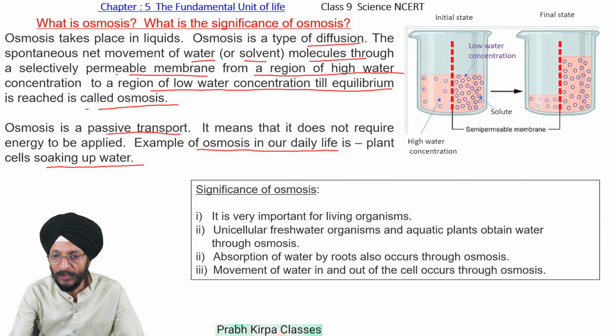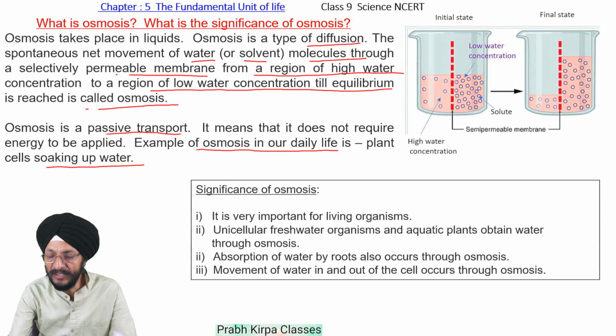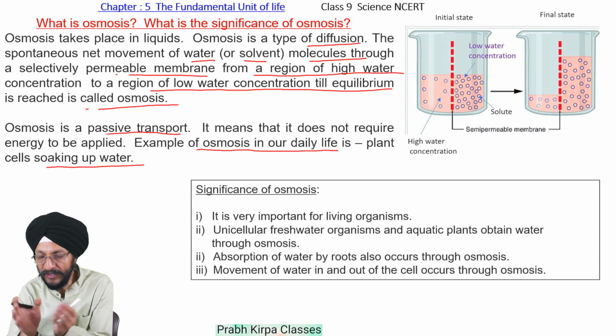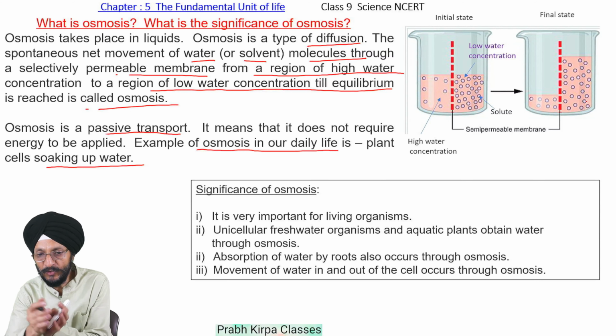So what will happen that the water will start moving from high concentration to a region of low concentration. Water will start moving from here to here and ultimately the concentration of water in both sides of the semi-permeable will become equal.